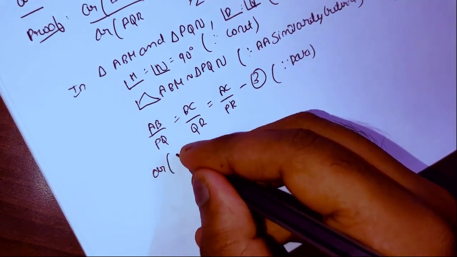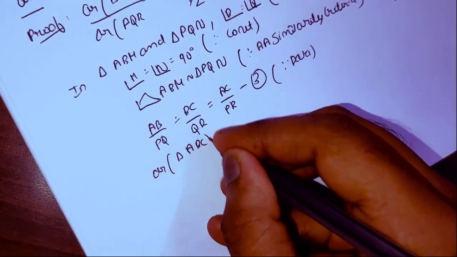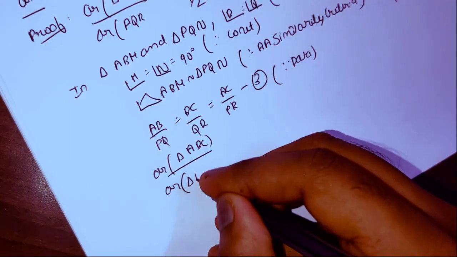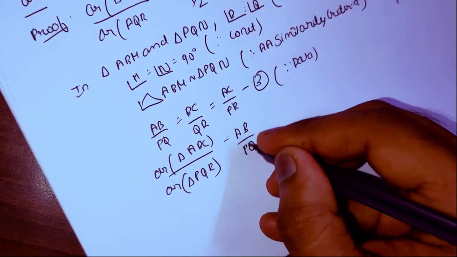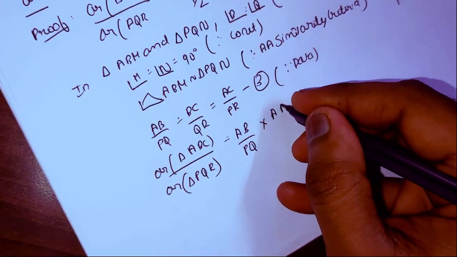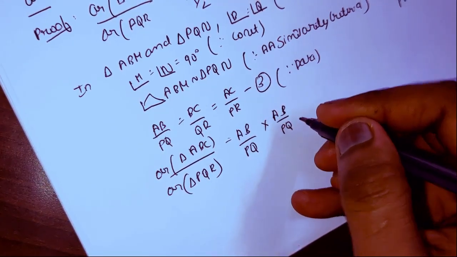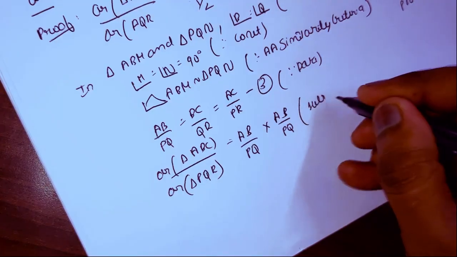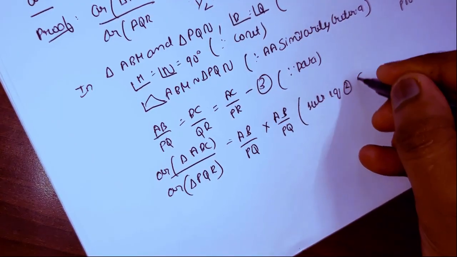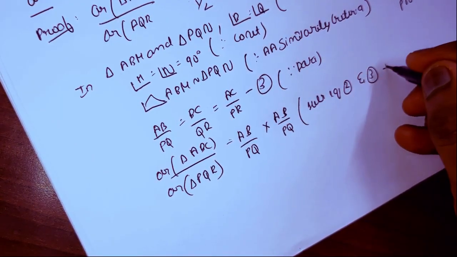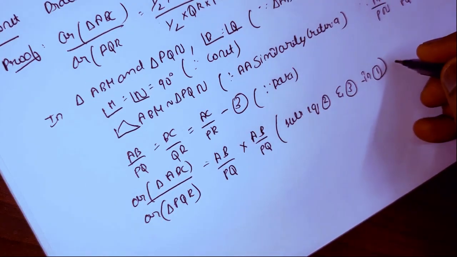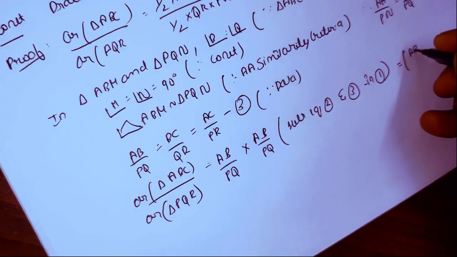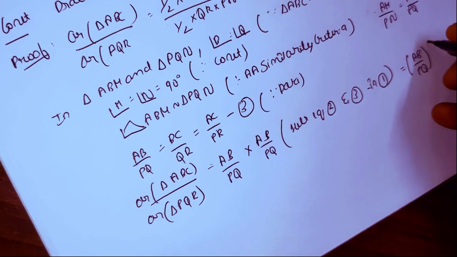Now area of triangle ABC by area of triangle PQR is equal to AB by PQ into AB by PQ. This is by substituting equation 2 and 3 in first equation, which gives us AB by PQ whole square.